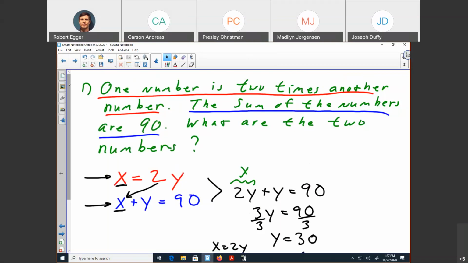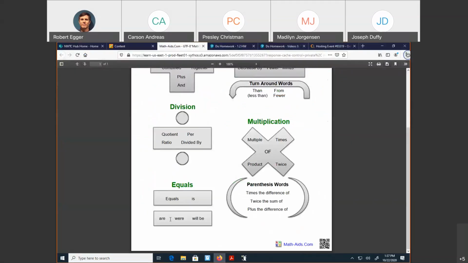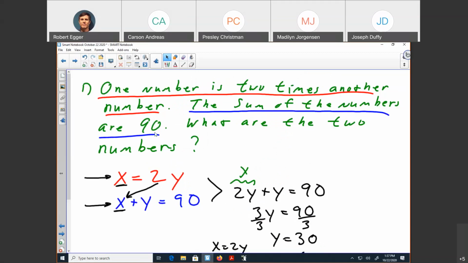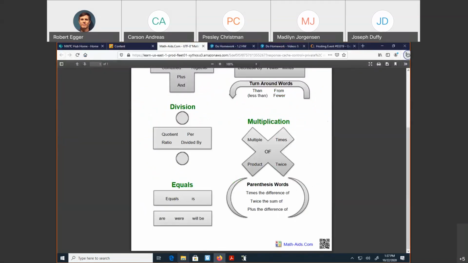Oh yeah, something to 90. Is R in there? Good question. Where am I at? Here we go. I kind of rushed myself here. But the sum of the numbers are 90. Okay, so where's the equal sign here? I did it by reflex.